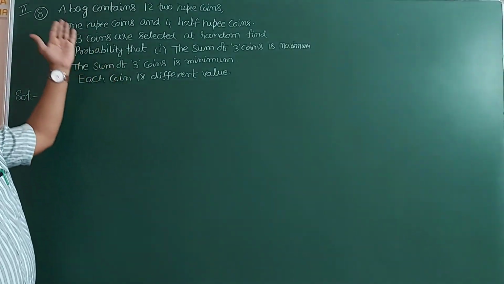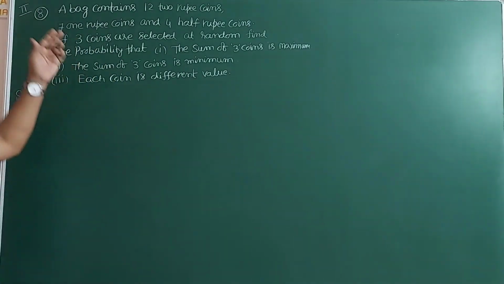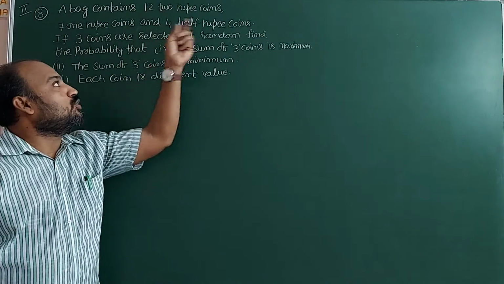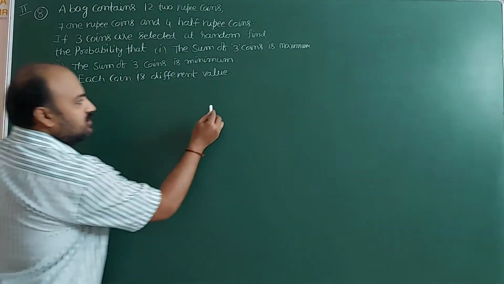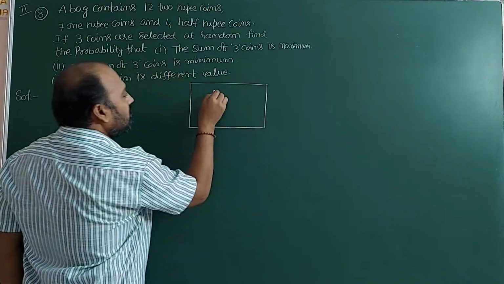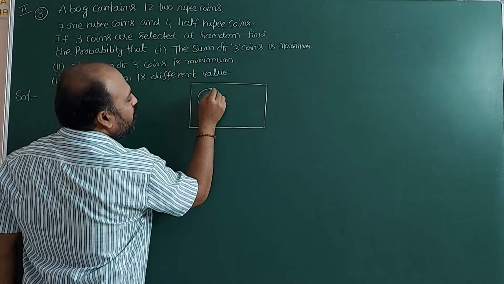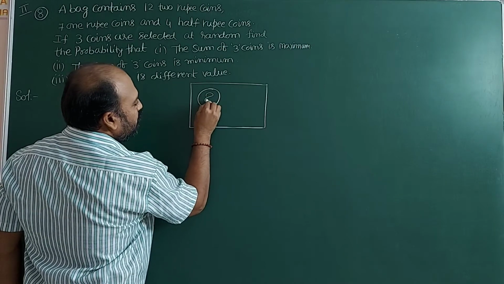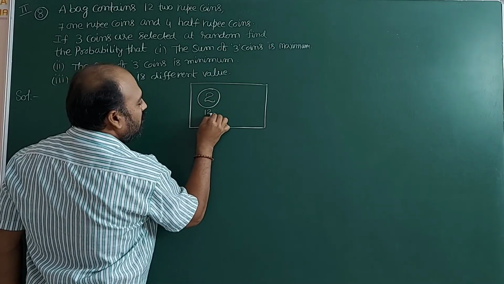The next question, dear students. Question number 8. A bag contains 12 2-rupee coins. See, this is the bag. 12 2-rupee coins, 12 are there.